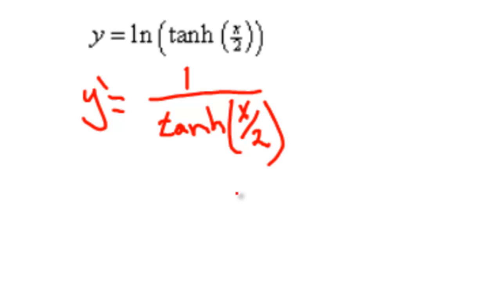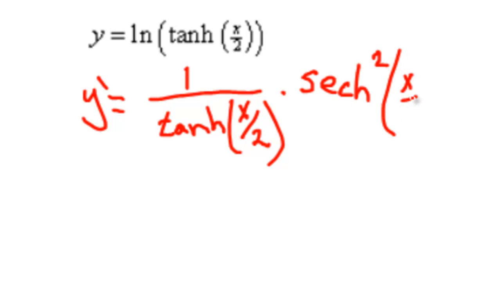Hyperbolic tan of x over 2 multiplied by the derivative of that part in brackets. So the derivative of tanh of x over 2 is sech squared, hyperbolic secant of x over 2, and that gets multiplied by the derivative of x over 2, which is a half.